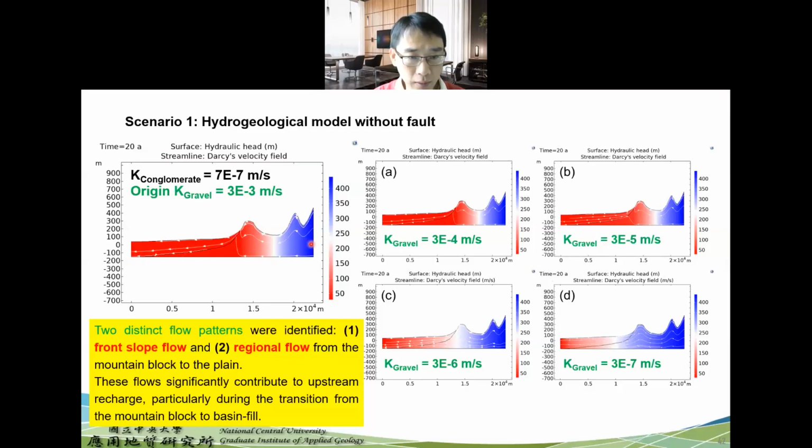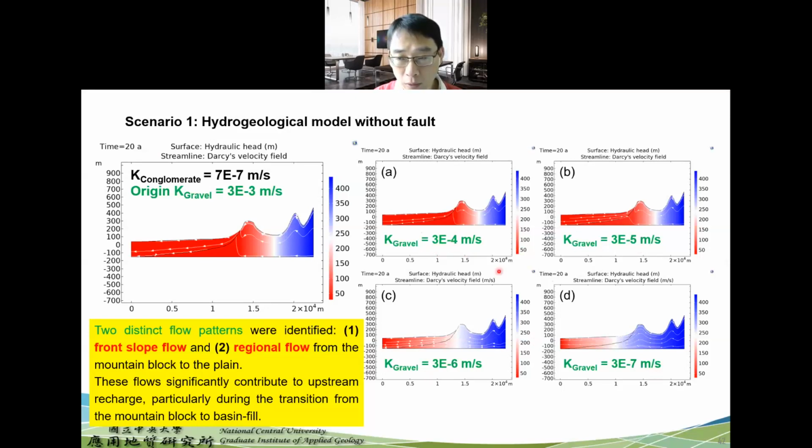In the previous, we might imagine that the water just flows smoothly to the plain, without different disturbances. Okay, and we try to understand how the hydraulic conductivity affects the behaviors. So we try to change the K values. If we increase the sediment K values, the original is 10 to the minus 3, and then we decrease the K values so it becomes much smaller.